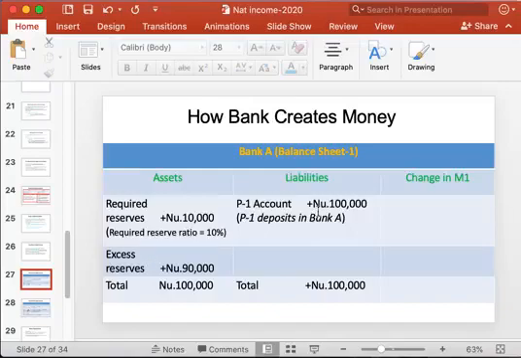Then, out of the 100,000 Newton deposited by person P1 in Bank A, 10,000 Newton goes as a required reserve, and the excess reserve left with Bank A is 100,000 minus 10,000, which gives 90,000.